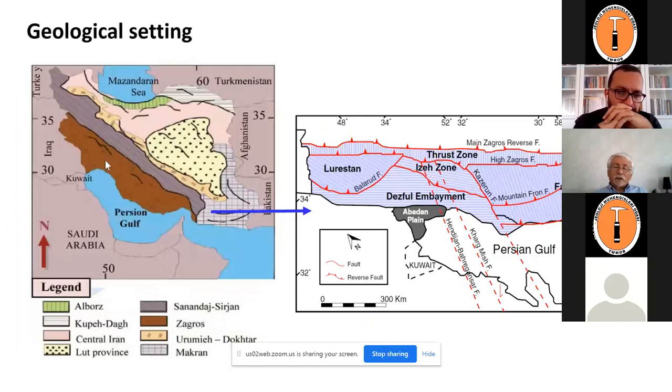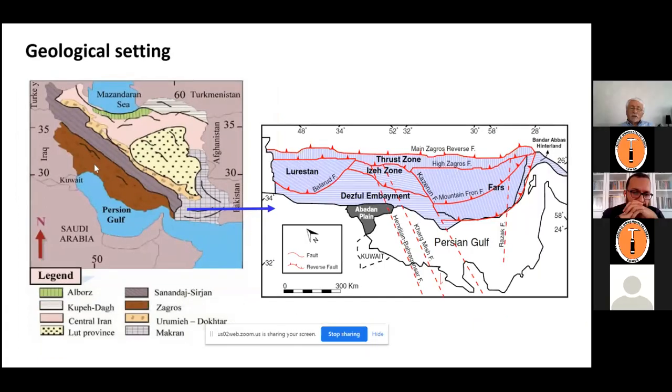About the studied field, this field is located in this fold environment. If I want to introduce the geological parts of Iran briefly, I need to mention that Iran is divided into different geological parts, such as Kopet Dagh in the northeast of Iran, Alborz in the north of Iran, Central Iran, and also Sanandaj-Sirjan and Zagros.